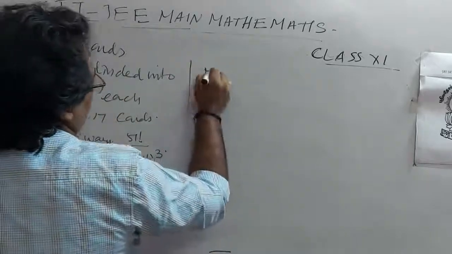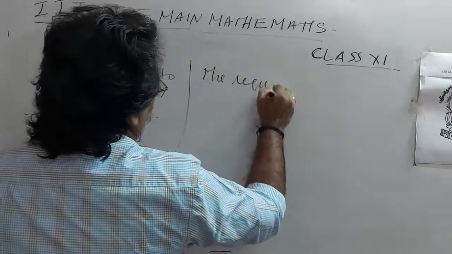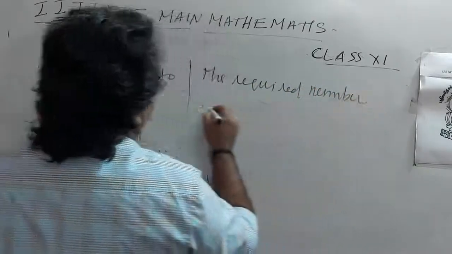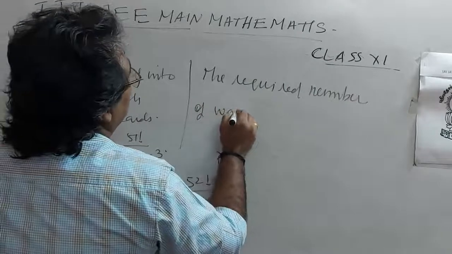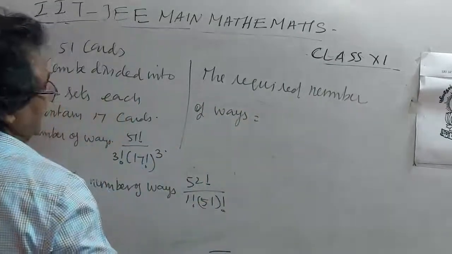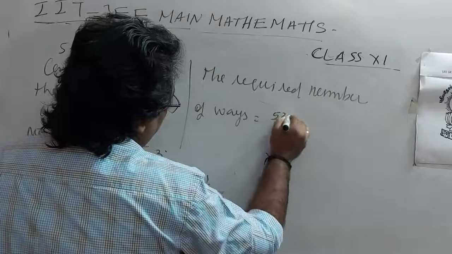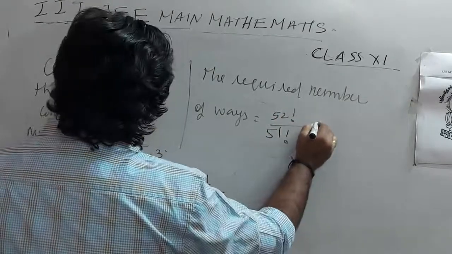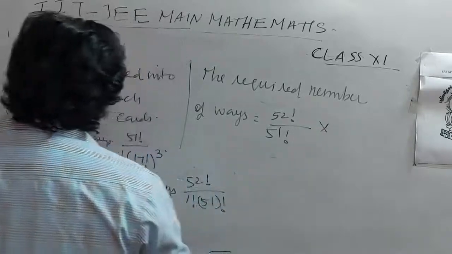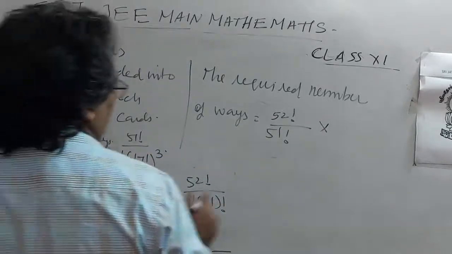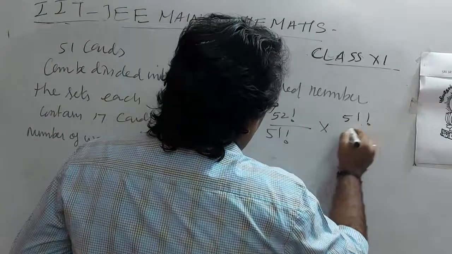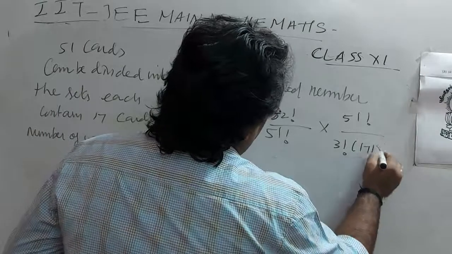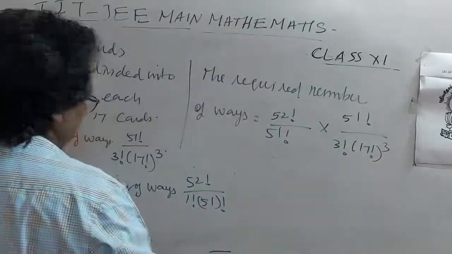Therefore, the required number of ways is 52 factorial by 1 factorial into 51 factorial by 3 factorial into (17 factorial) whole power 3.